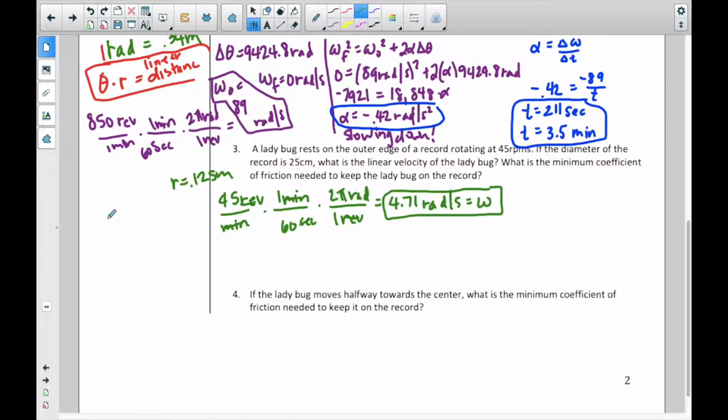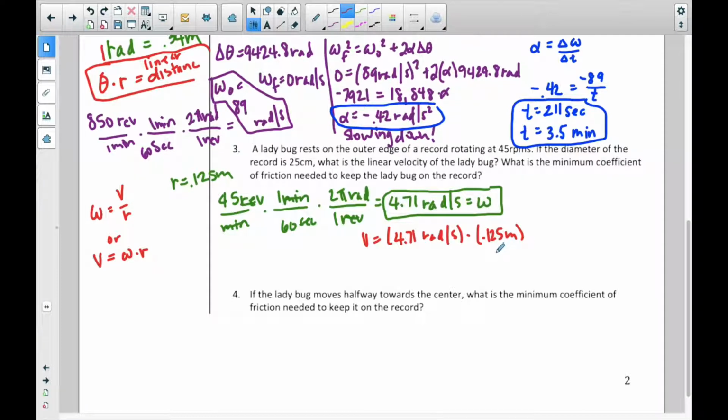In a similar way, we can use the fact that angular velocity is equal to velocity over radius, or in other words, velocity is equal to the angular velocity times the radius. So here we have the angular velocity. We can find our linear velocity by taking that angular velocity and multiplying it by the radius.